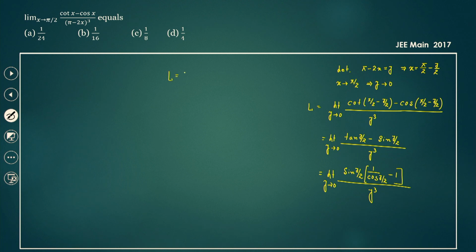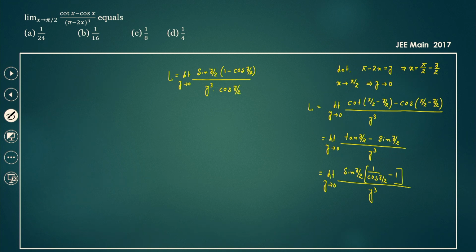So this limit L can also be written as limit y tends to 0 of sin y by 2, and in a bracket we add them together, so 1 minus cos y by 2, divided by y cube into cos y by 2.